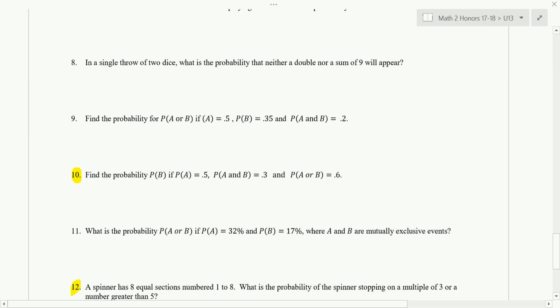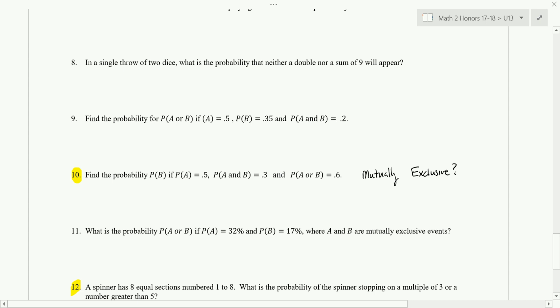So number 10 is the first one where we're finally taking the context out. We're just talking solely about probability. And I want us to find the probability of B if the probability of A is 0.5, the probability of A and B is 0.3, and the probability of A or B is 0.6. Okay, so let me start with this. Are they mutually exclusive? I heard no and I heard yes.